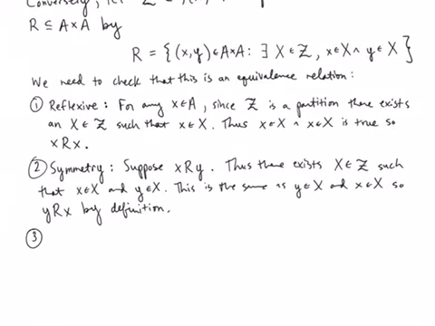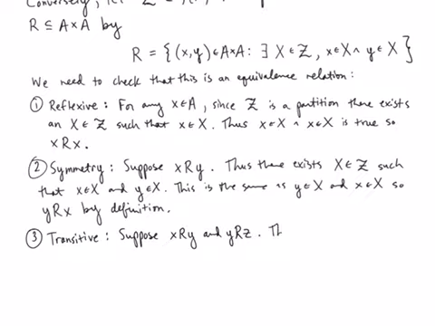And 3 is transitivity. Transitive. So suppose that x is related to y and y is related to z.